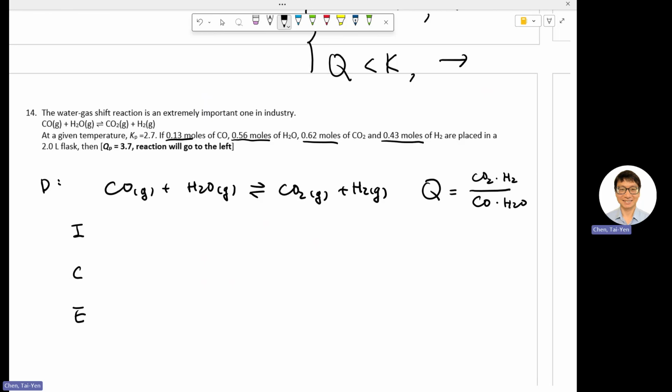Therefore, you should put 0.13 for your CO, 0.56, 0.62, 0.43. But these are the moles, right? What you need is either concentration or pressure. So what do you do? You divide by 2.